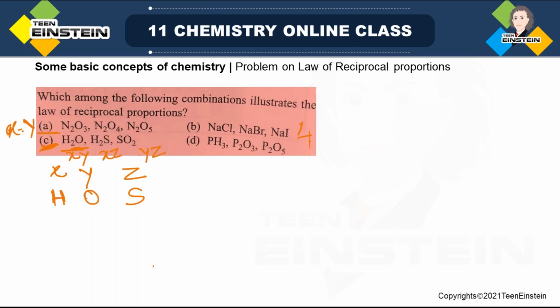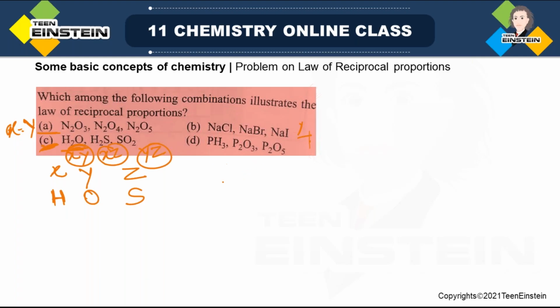So now you can see a total of 3 elements are involved. Not just 3 elements, that is not enough. 3 elements and also they are having compounds like this. That is all the combinations possible. XY, YZ, ZX. If I say it is ABC, it will be AB, BC, CA. So this should be the correct option.